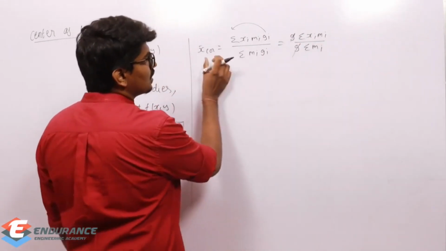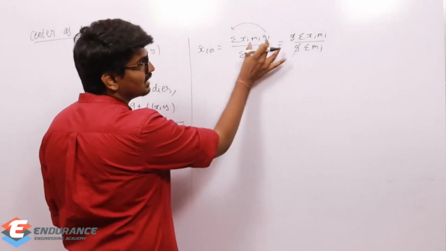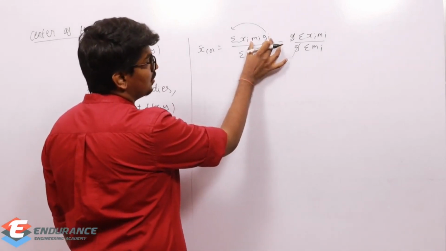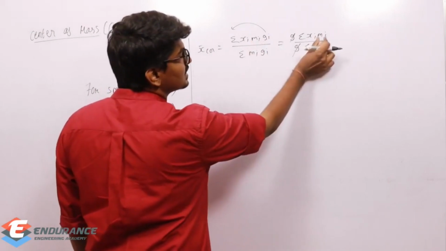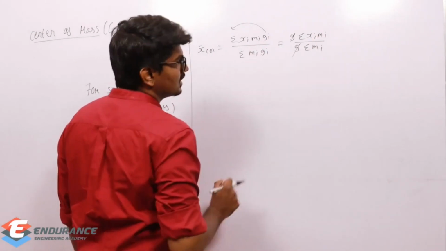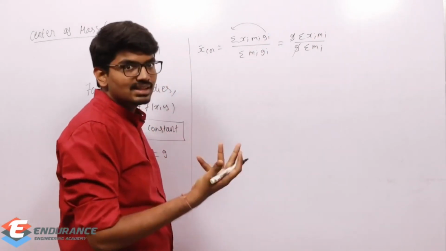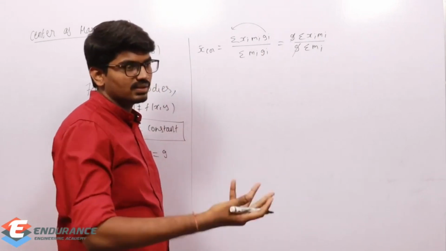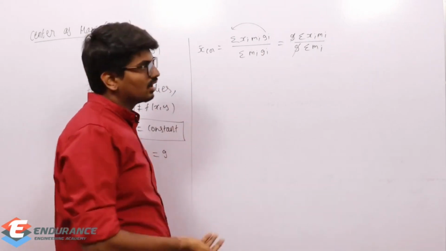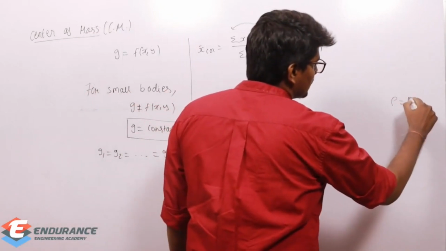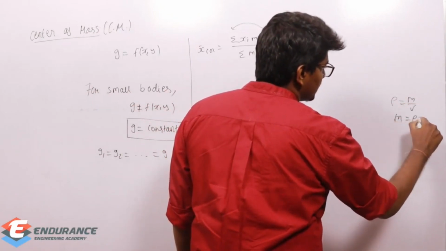So now center of gravity initially represented the distribution of gravitational force, but now it is representing the distribution of mass or distribution of density, because mass is a function of density. We know density is equal to mass by volume, so mass is equal to density into volume.